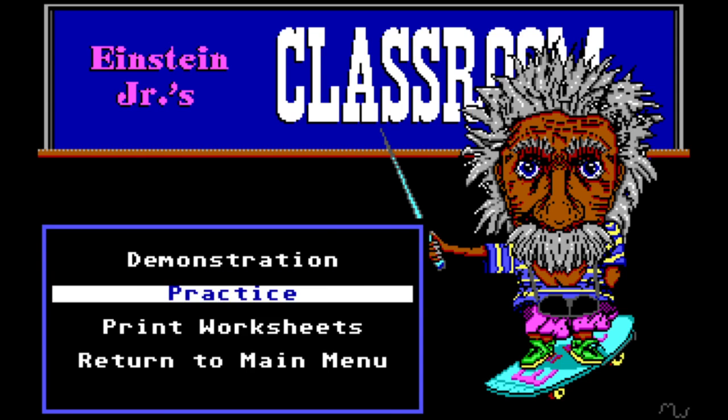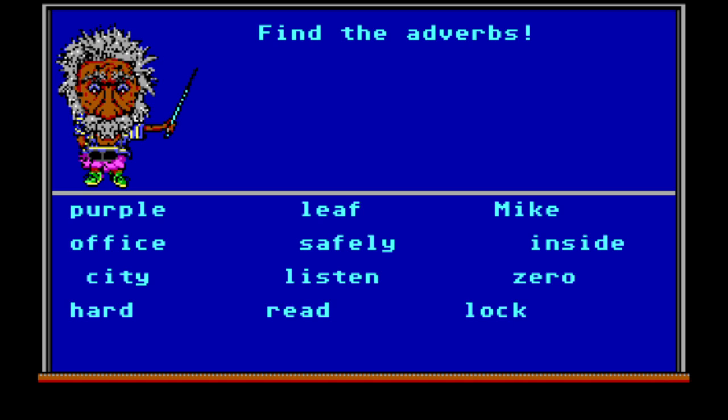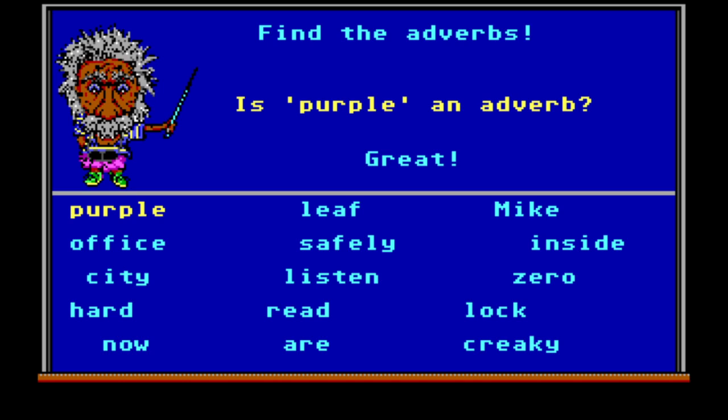So modifiers are adverbs. Purple could be an adjective or a noun. Yeah, this is definitely higher up the scale. Purple could be a noun or an adjective. It's certainly not an adverb.